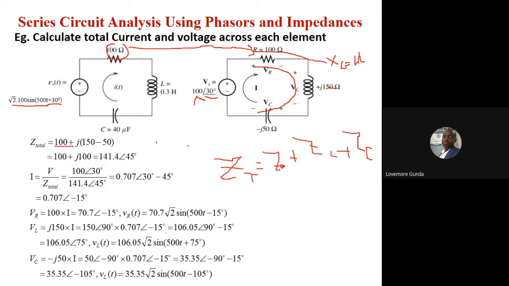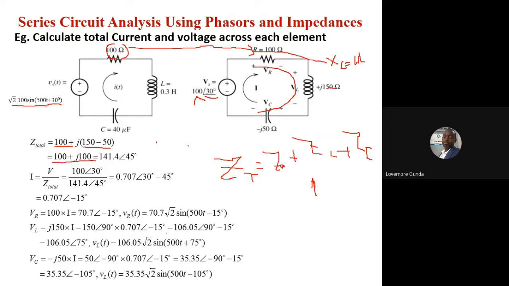So we have 100 plus j150, because inductance and capacitance are in the same plane, we can subtract them. So 150 minus j50, that means the overall effect will be 100 going upwards. So it's plus j100. This is the rectangular notation.